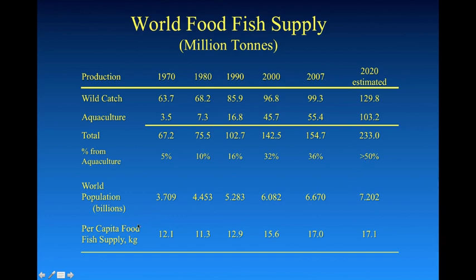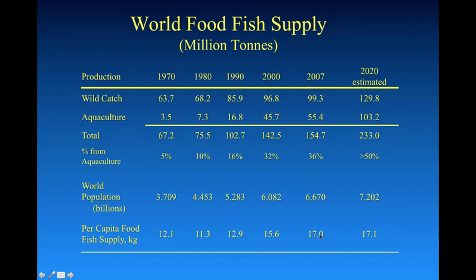The important number for you to realize is per capita consumption. Worldwide, we think it's probably in the 17, this is kilograms, so it's about 17 or 38 pounds per capita.